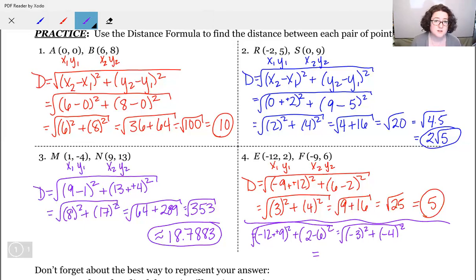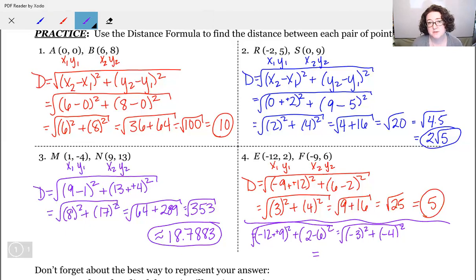Now, if your calculator is not giving that out, notice how I'm keeping my numbers in parentheses. If you're typing this into a graphing calculator like one of these, you have to be careful that you type parentheses around your negative number, then square your value. So be very careful with that. I will be turning on the scientific calculator that you can use on your assignments.